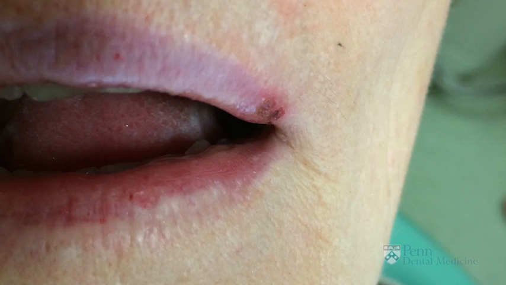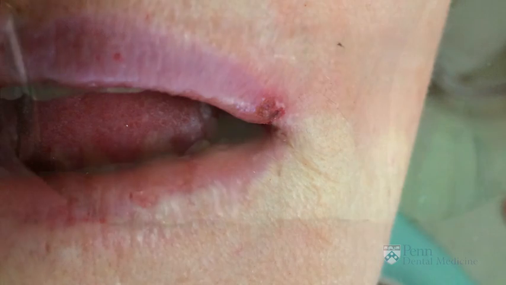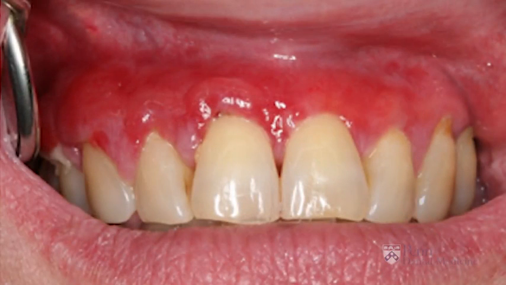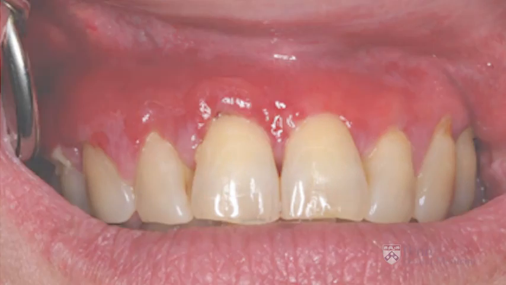What we see here on this slide is the most common recurrent presentation of herpes, that being recurrent herpes labialis. As I mentioned earlier, herpes can also recur intraorally, as we see on this slide. When it does, we often associate shallow ulcers with a serpiginous border, which gives you a sense that these tiny vesicles have coalesced and caused a rather large ulcer.